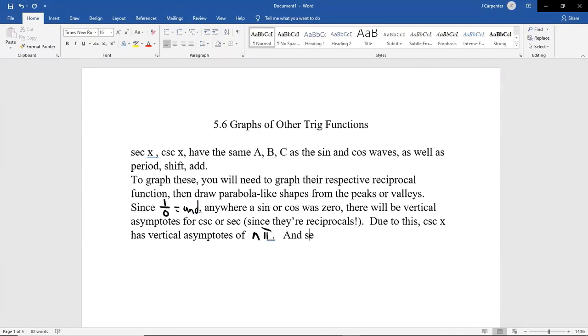And secant of x has vertical asymptotes, VAs, I'm just abbreviating now, of, and this one's a little weirder, pi over 2 plus n pi. So n is the integers.